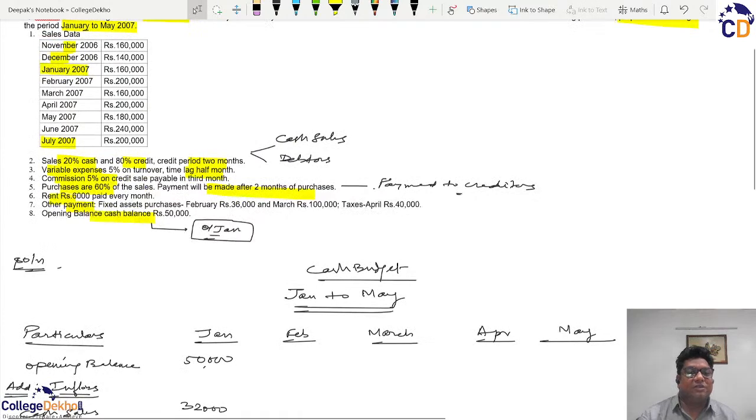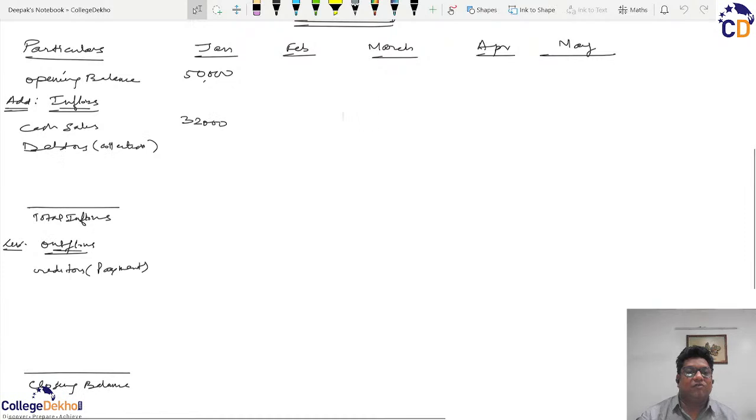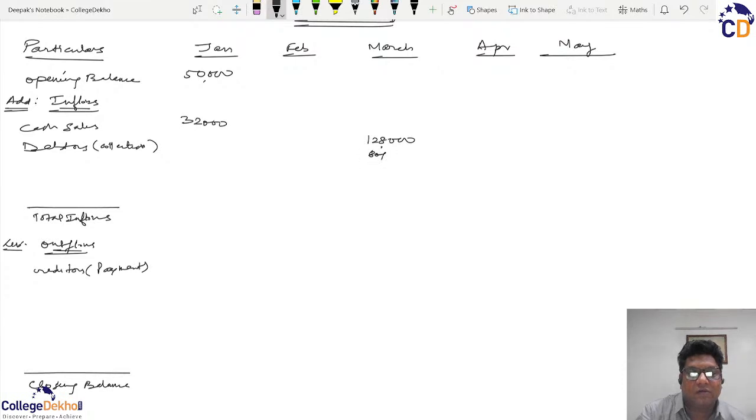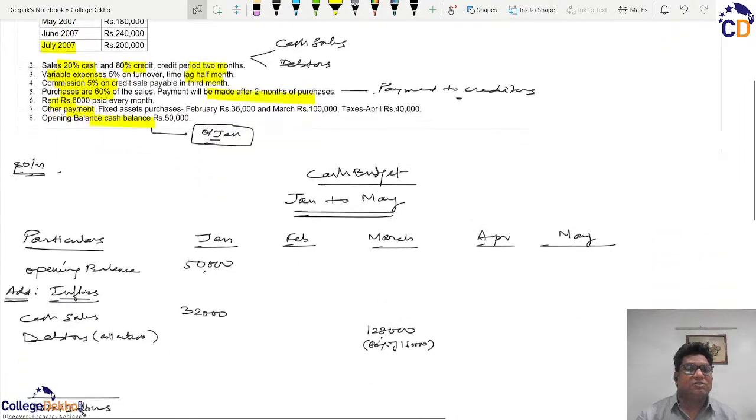And because the credit is for 2 months, out of the total sales of 160, 32 is collected in January, and the balance of 128 will be collected as debtors in the month of March. So it is basically 80% of 160.